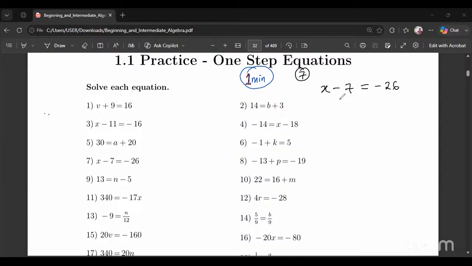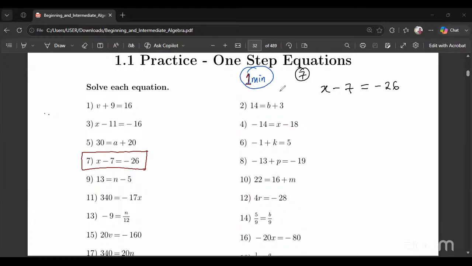We still have about 45 seconds remaining. All right, 10 seconds remaining. If you have your answer for question 7, you can put it in the comment section.